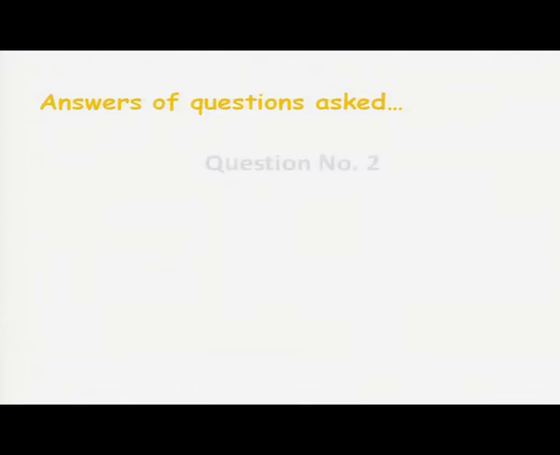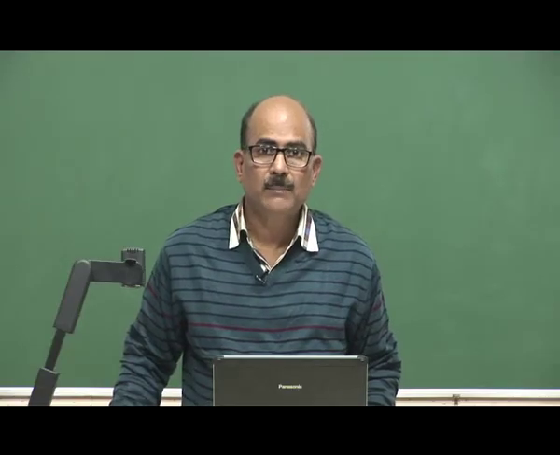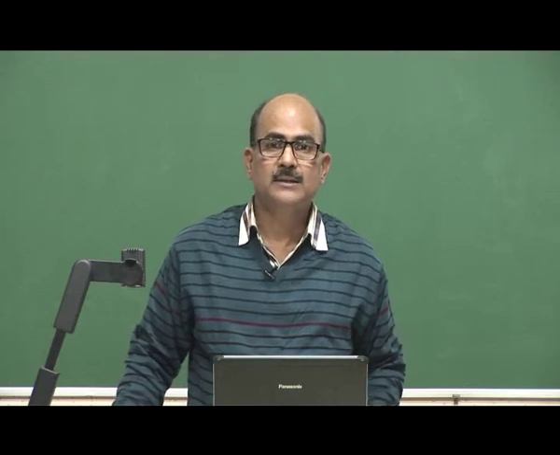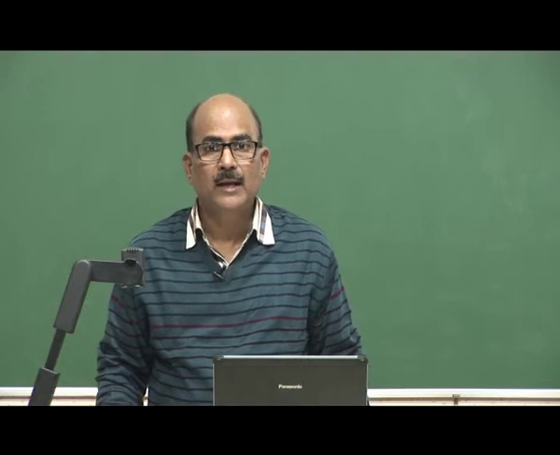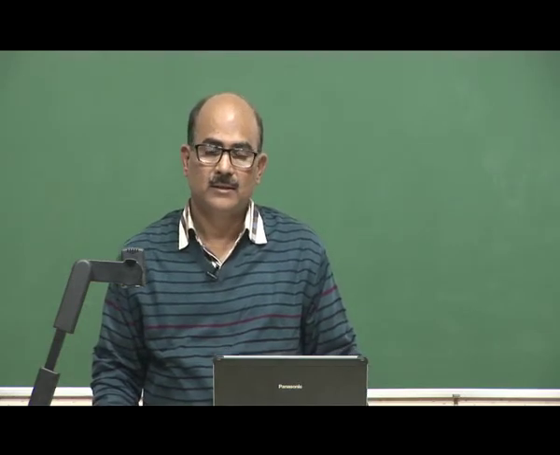Now, my second question was, a lipid molecule contains dash molecules of fatty acid. Here I mean a simple lipid, that means triglyceride. Simple lipids are those lipids which are made in a simple way, that is one glycerol molecule combined with how many fatty acids to form the triglyceride.